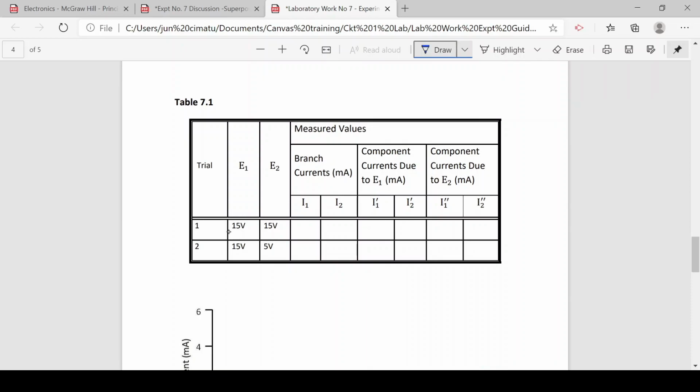So for trial 1, both sources are 15 volts, and you allow these 15 volts to supply their current, and the resulting current in the branches of R1 and R2 will be recorded.